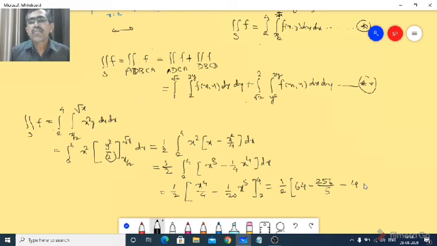Now minus minus will become plus. 2 raised to 5 is 32, so 32 upon 20.